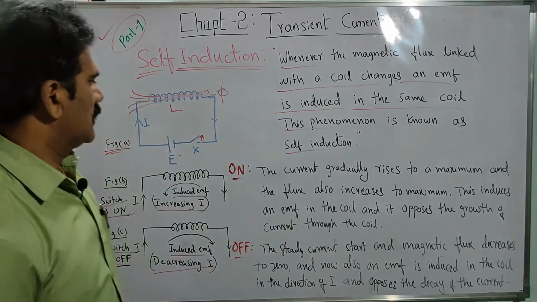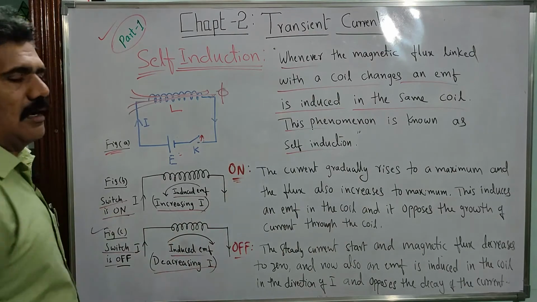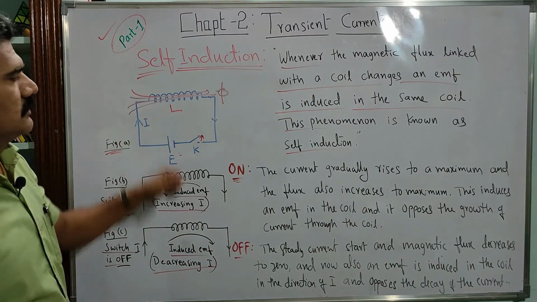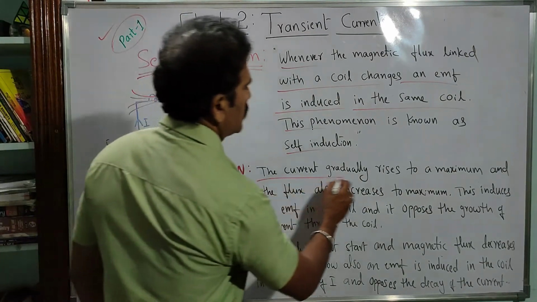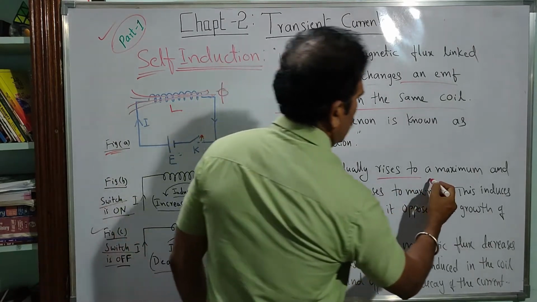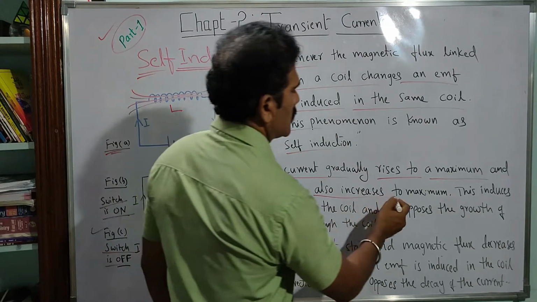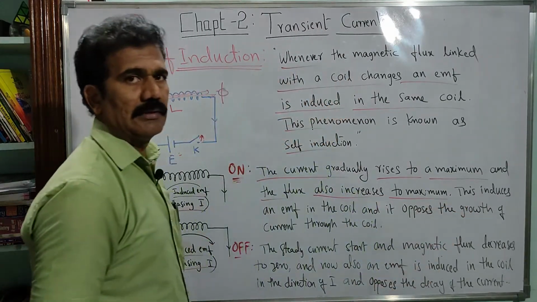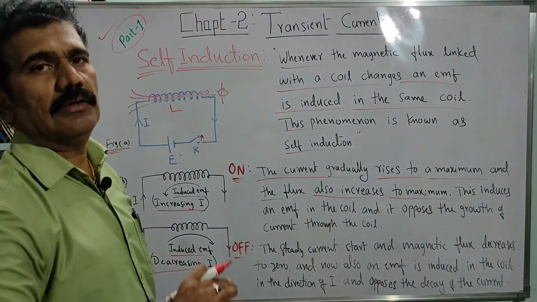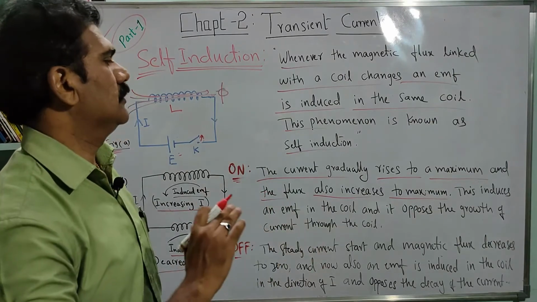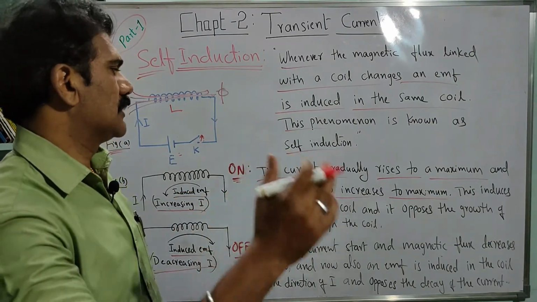As I told you, during the on position, when the switch is on, the current gradually rises to a maximum, and the flux also increases to a maximum, isn't it? Both are not steady, both are increasing. The current and the magnetic flux are gradually increasing.